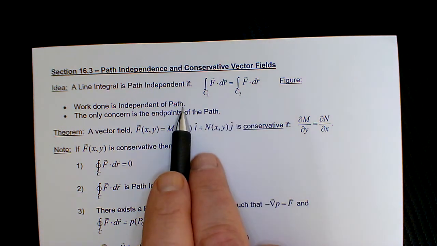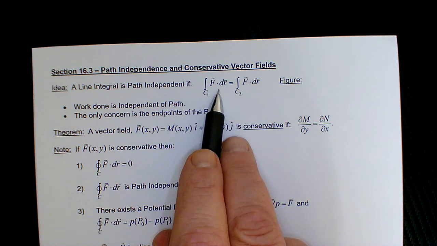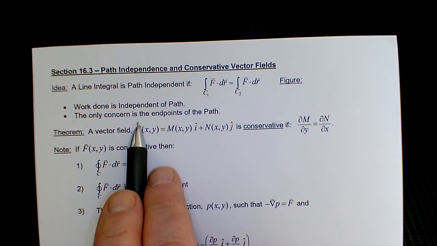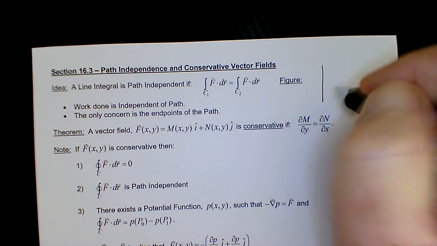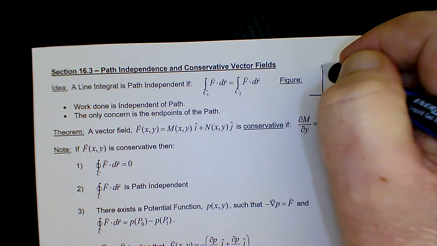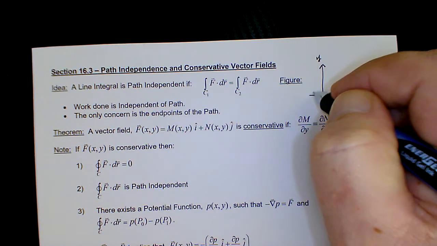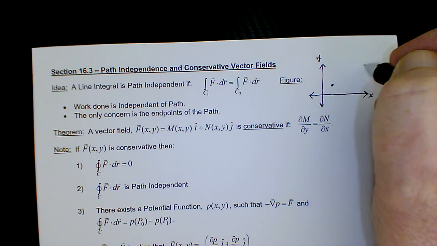So it's basically saying the work is independent of the path, because this is our formula for work, as you recall from last time. And the only concern is the endpoints of the path. So, for example, to illustrate the idea, if you have two endpoints, so here's your starting point and here's your ending point.